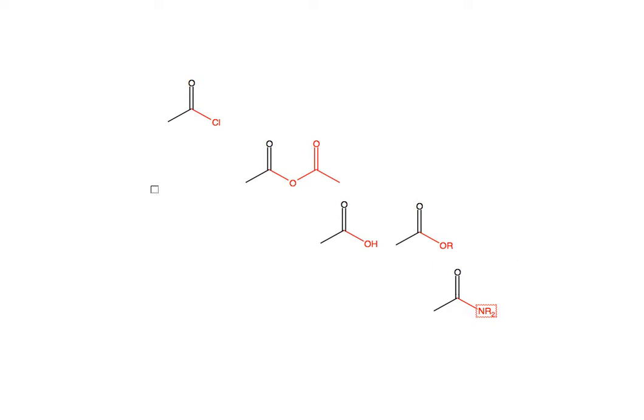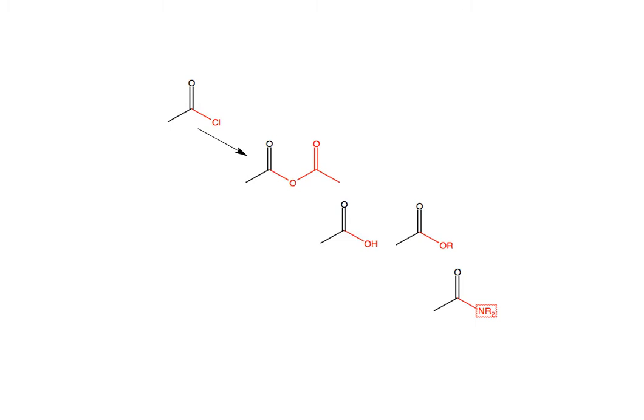All of these compounds can theoretically be interconverted into each other by doing a nucleophilic substitution reaction. For example, if we substituted this acetate group here for this chloride, it would allow us to convert an acid chloride into an acid anhydride.